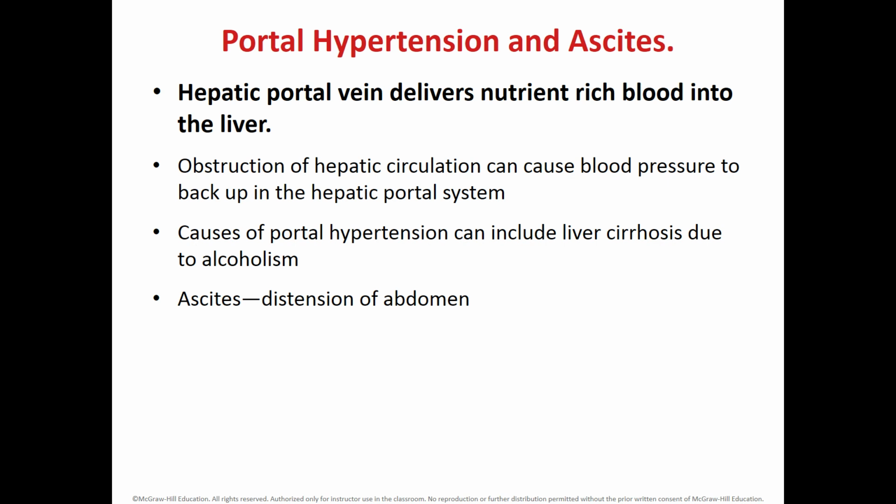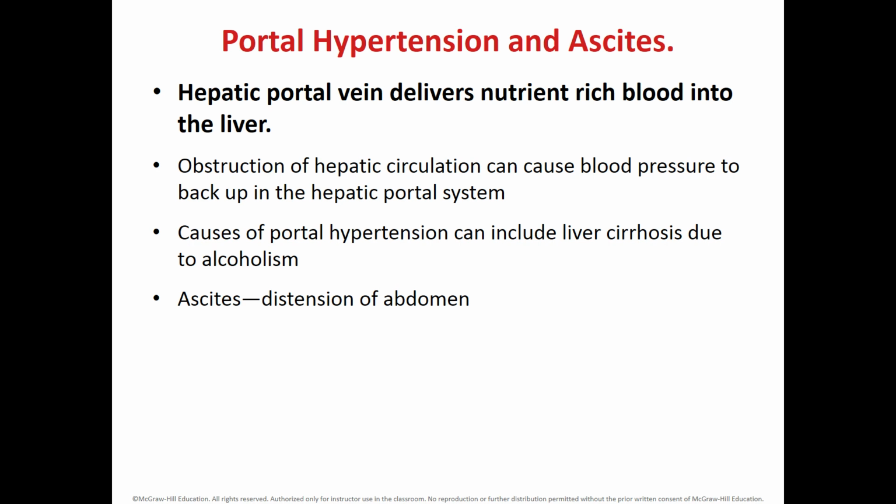And when you have obstruction of this hepatic portal circulation, you can increase the blood pressure to back up into the hepatic portal system. And when you have this portal hypertension or increased pressure in the hepatic circulation, you have escape of fluid into the abdominal cavity.